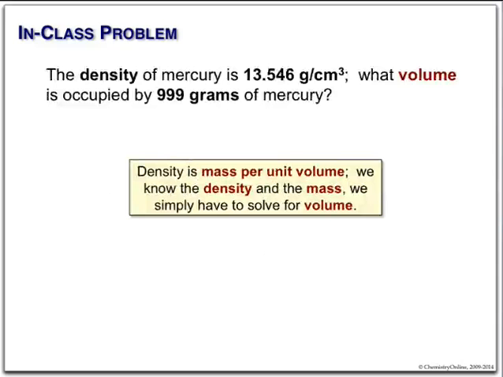Actually, no. We won't use the algorithm here, sorry. We know that density is defined as mass per unit volume. We are given the density, we're given the mass, and all we have to do is solve for the volume. Now we could use our ratio here, but let's don't right now. And there's a reason that I don't want to, because I want to show you this.